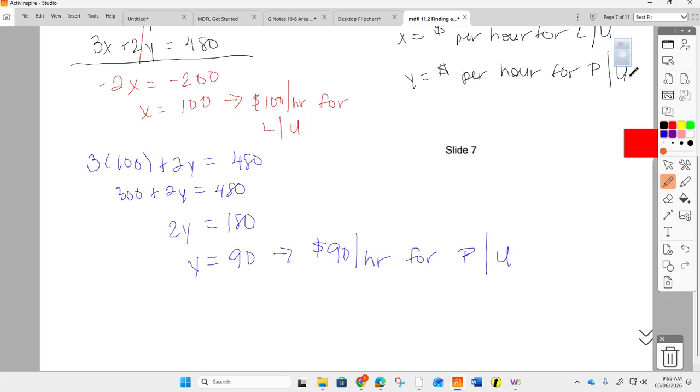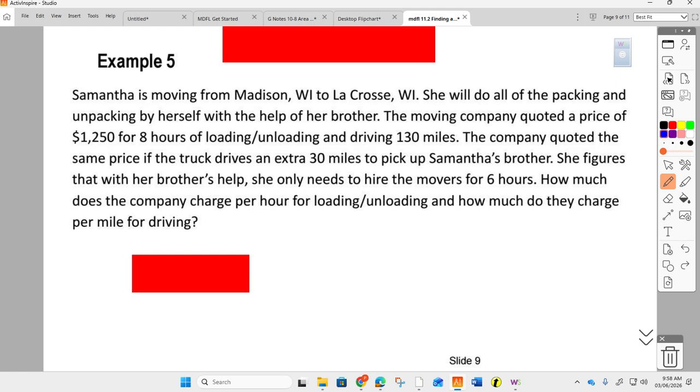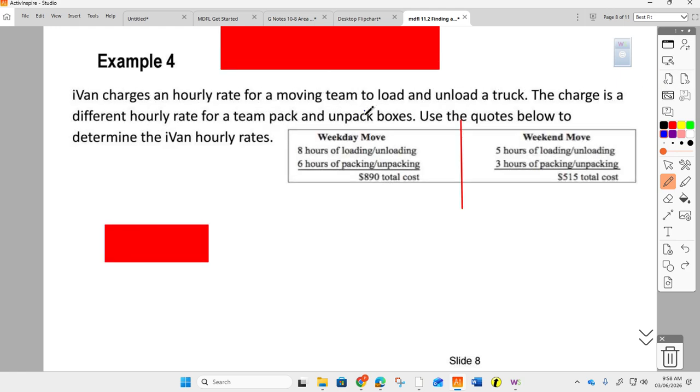All right. I'm going to do the same thing here. Use x for loading and unloading, y for packing and unpacking in both scenarios. So x equals the price per hour for loading and unloading. y equals the price per hour for packing and unpacking.